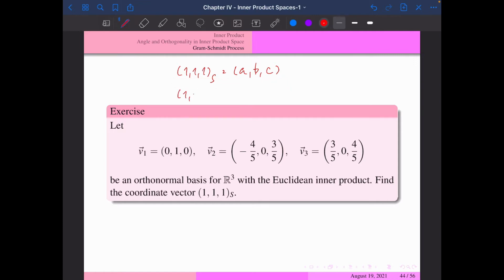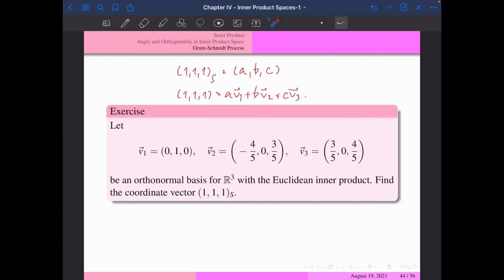It means (1, 1, 1) is equal to a times v1 plus b times v2 plus c times v3. This is the meaning of the coordinate vector of (1, 1, 1) with respect to S.